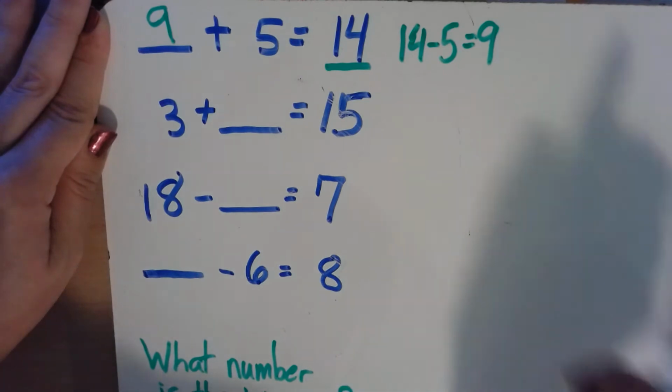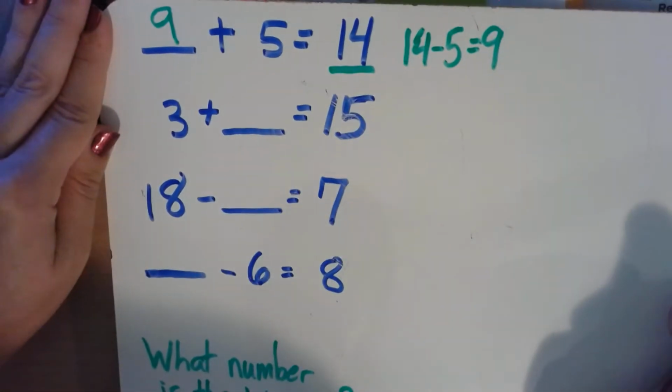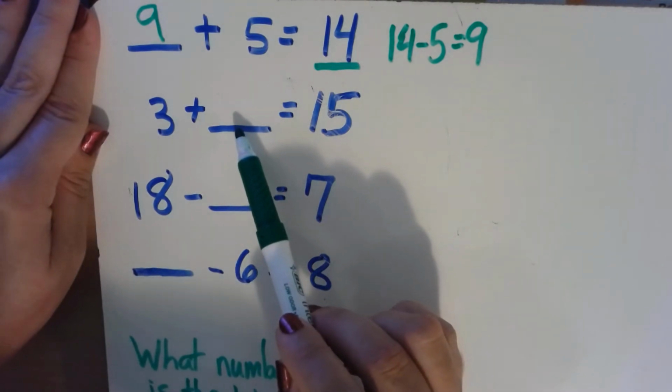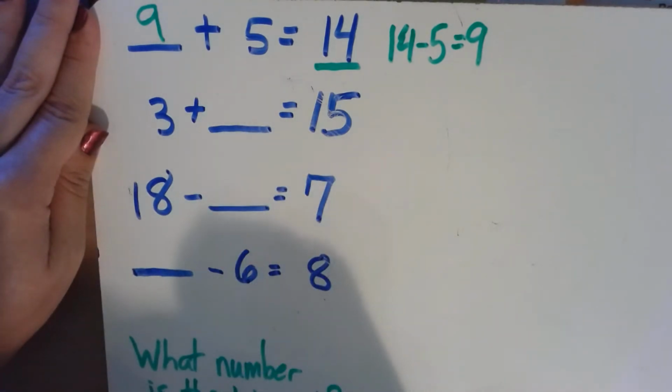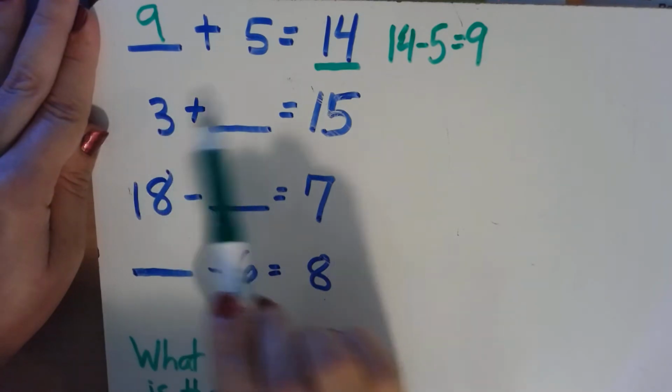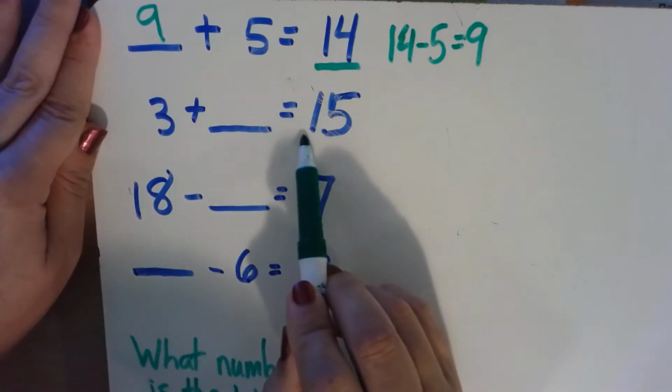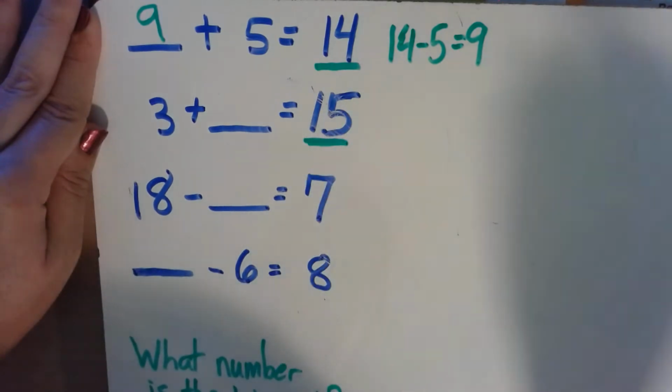Let's try again. This time I'm doing addition, but my second term or my second number is missing. So when we're adding two numbers together, your biggest number when you add is going to be that last number.